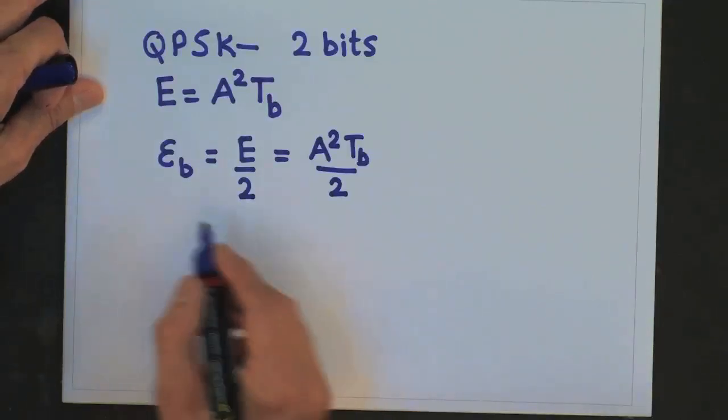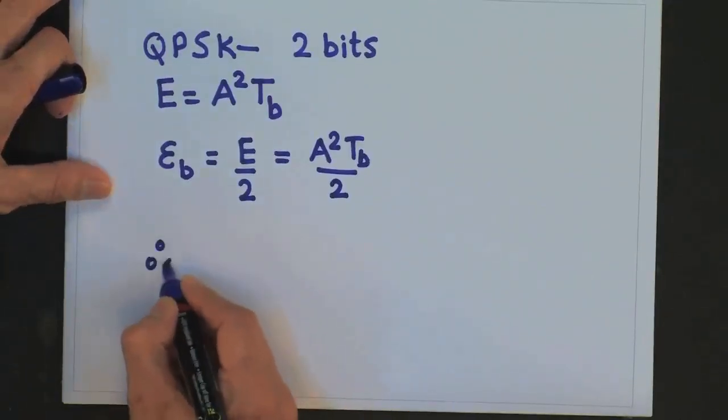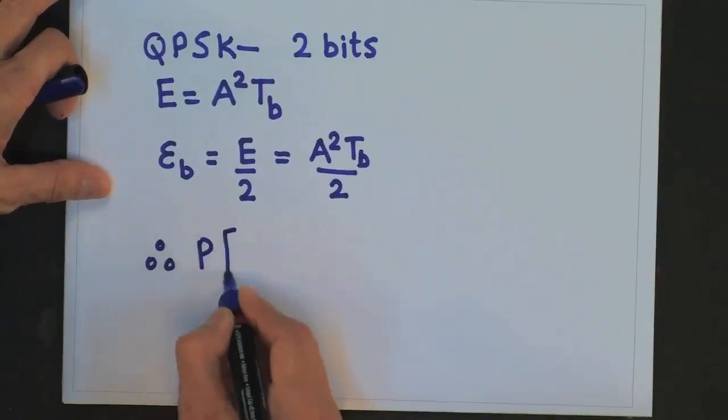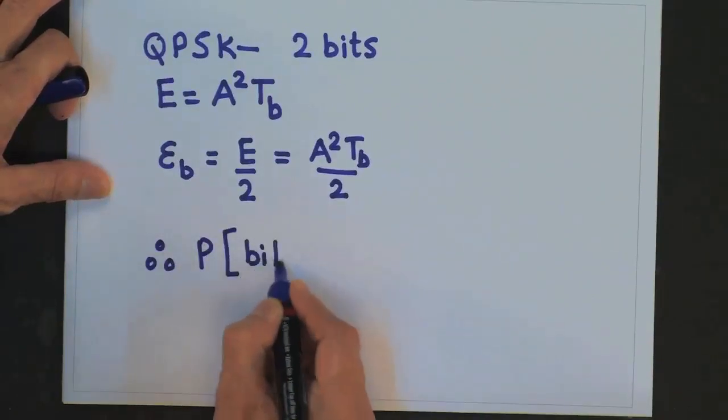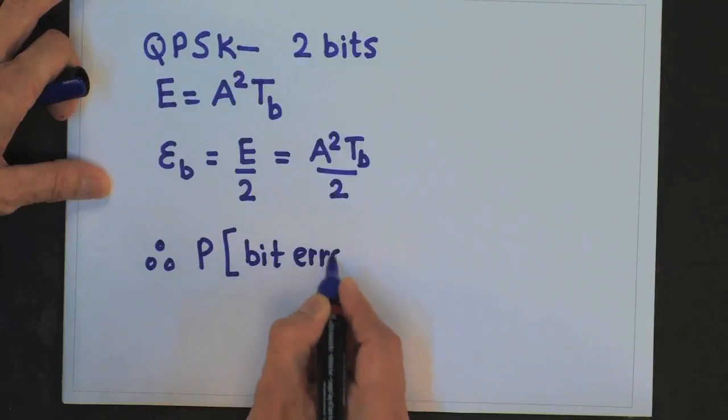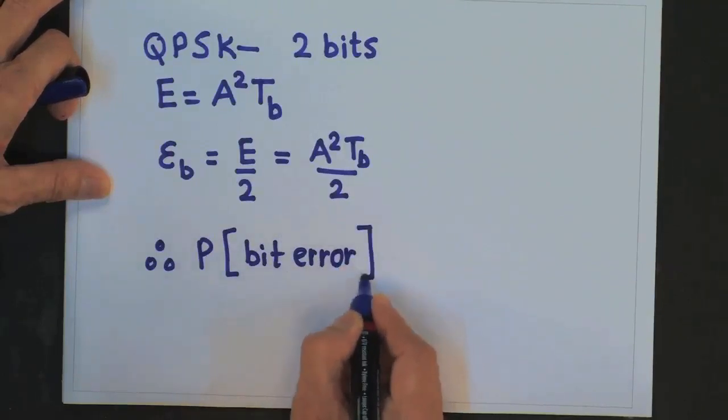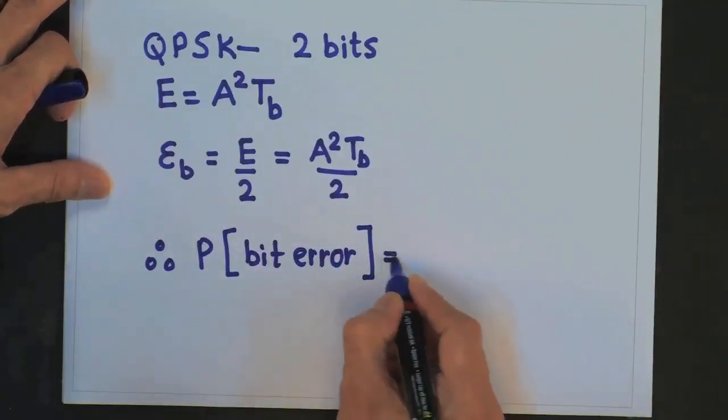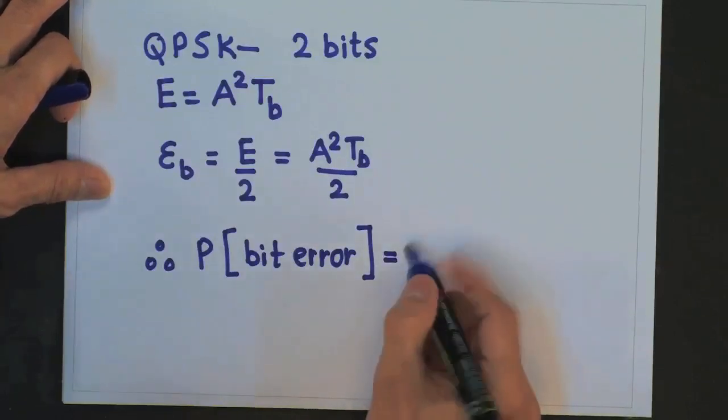Therefore, we can write the probability of bit error in terms of the energy of the signal.